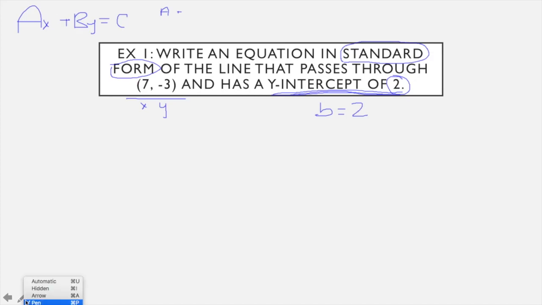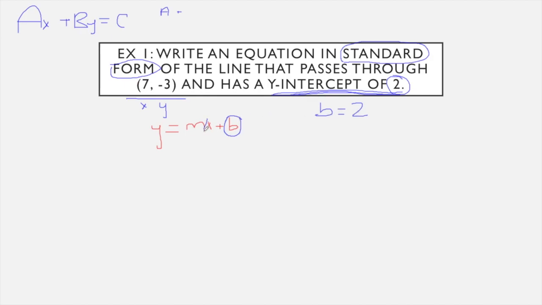So we can start with y equals mx plus b, and we can use that to find our slope. So we can plug in what we know here. We know several things. So first we know b, that value is a 2.